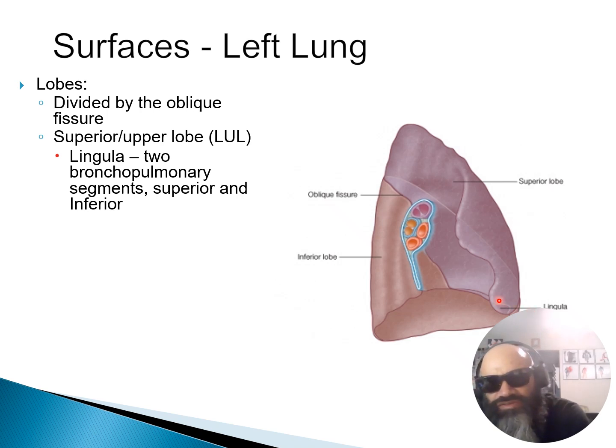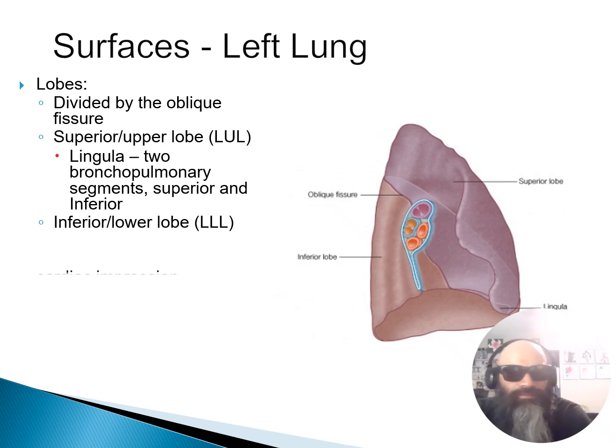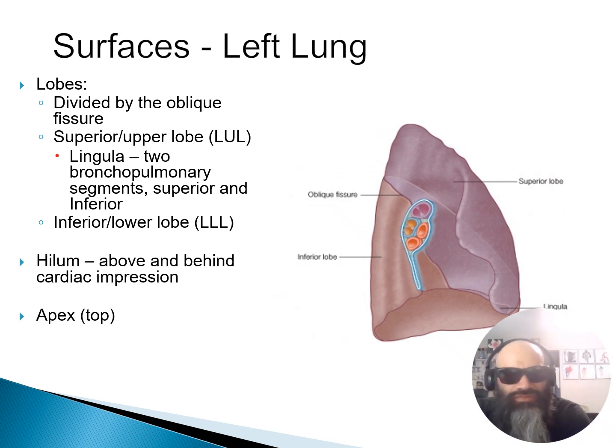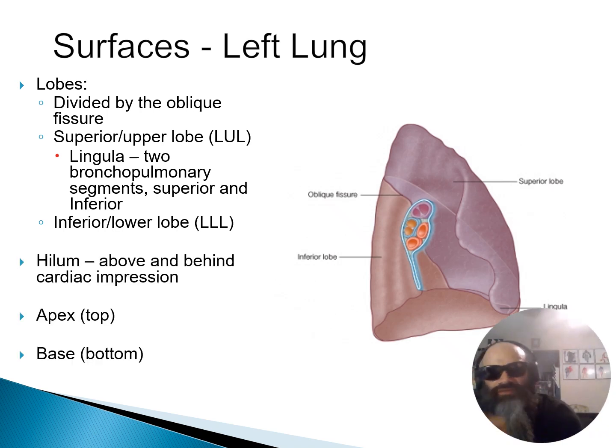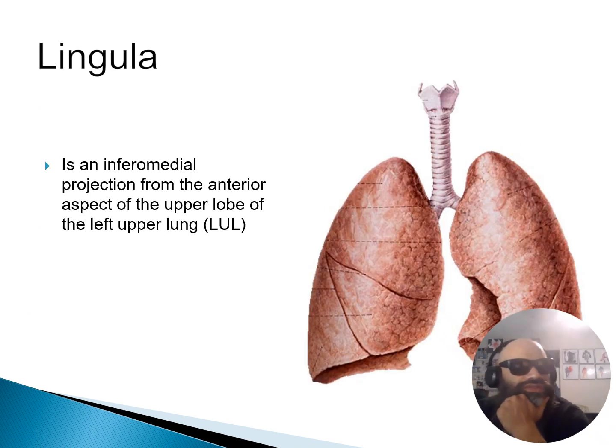It's this little region right here, this little shape that outlines the lung, similar to the cardiac notch, and the diaphragmatic surface is found within that area. So know all the structures within the hilum, know the lingula, know the cardiac notch, know your diaphragmatic segment as well. The lingula is found inferior medial.